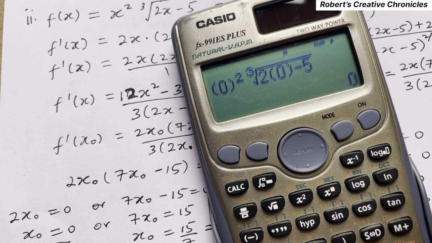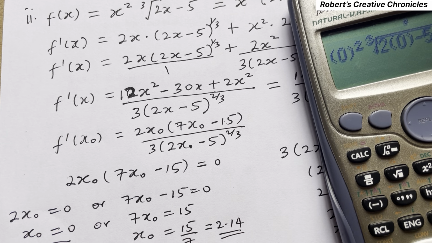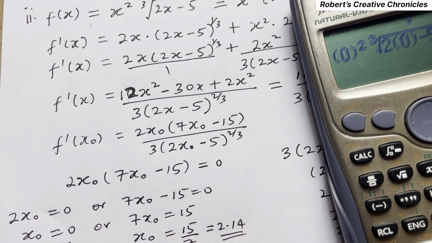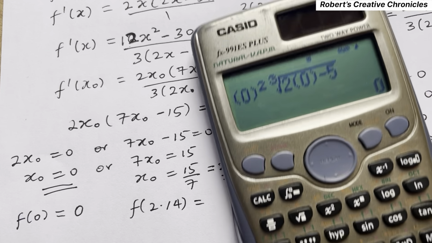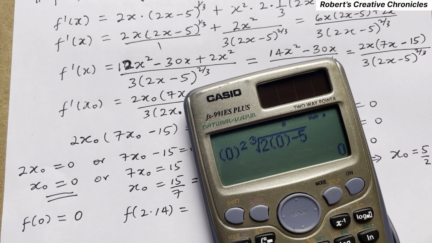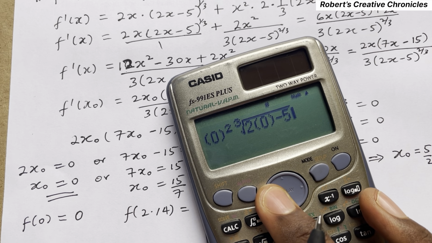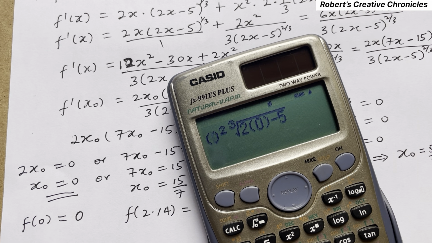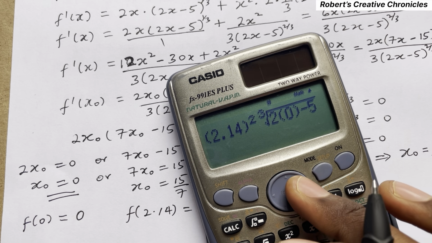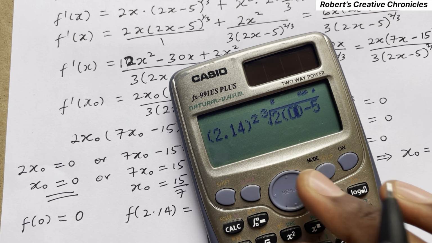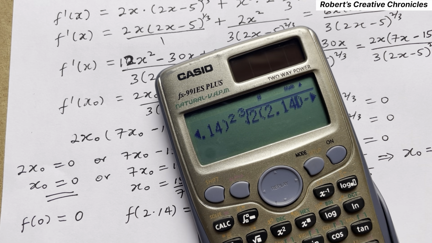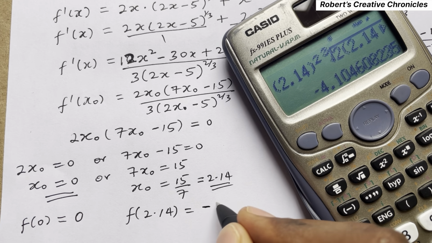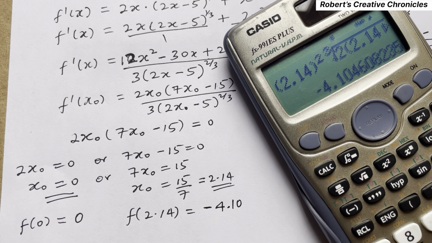Then the next one, 2.14, substituting here gives negative 4.10.